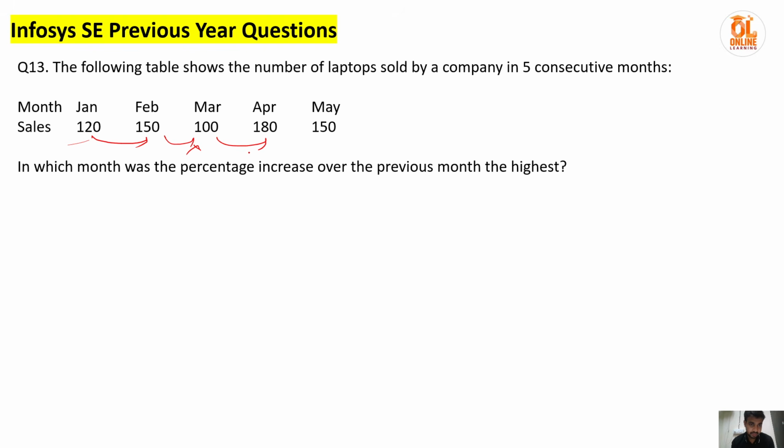From 100 to 180, it increased, and 180 to 150 is again a decrease. So the increase happens from January to February and from March to April. It has gone from 120 to 150 and from 100 to 180, so the increase is maximum here. So the answer is April. The percentage increase is the highest in April compared to the previous month. The correct answer is April.